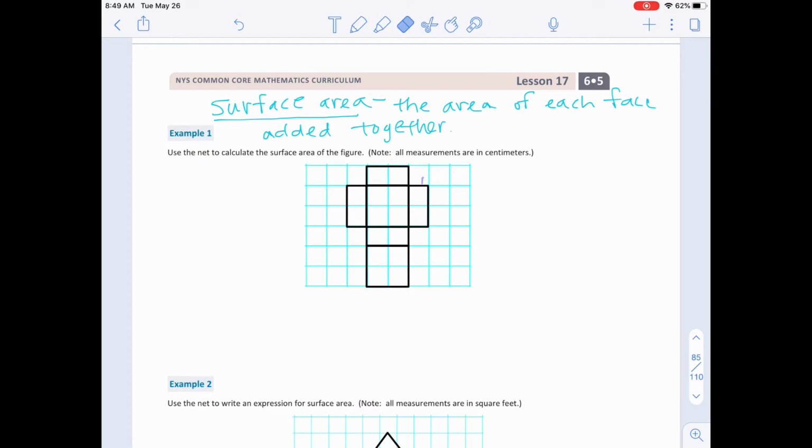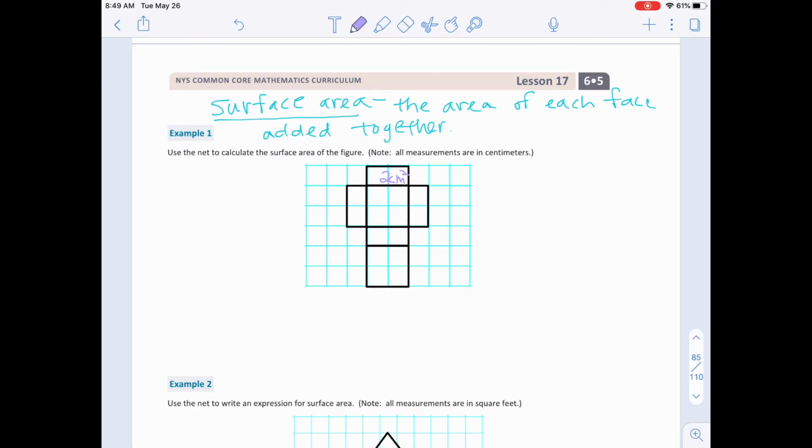So what I'm going to do is I know this rectangle is 2 boxes. So I know this is 2 centimeters squared for the area of that rectangle. And then notice we have 1, 2, 3, 4 rectangles that are all exactly the same.